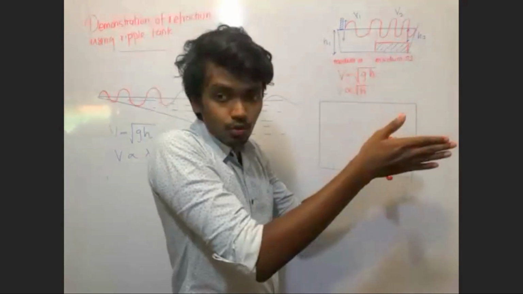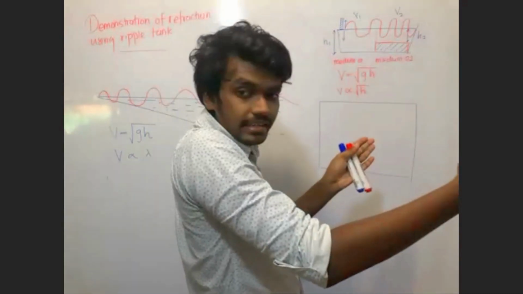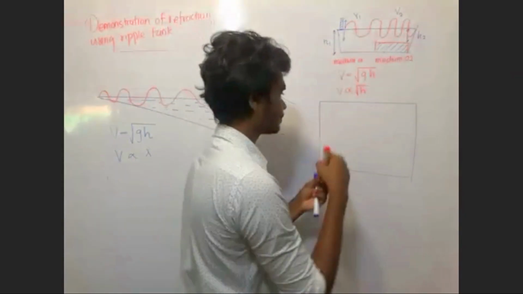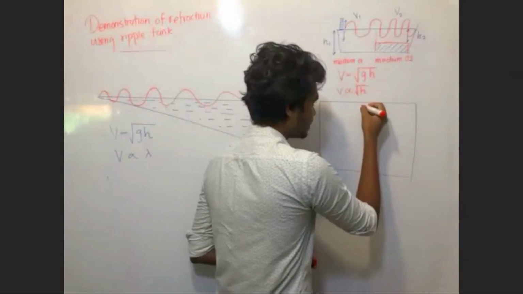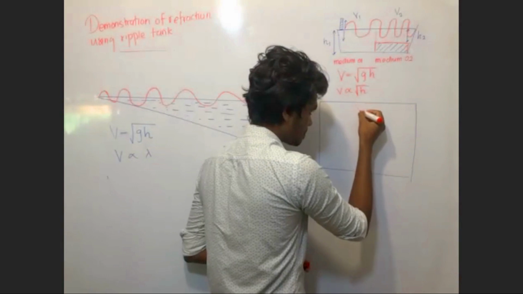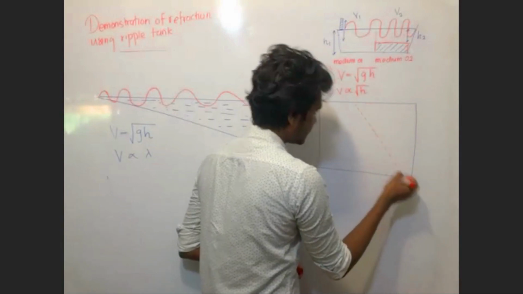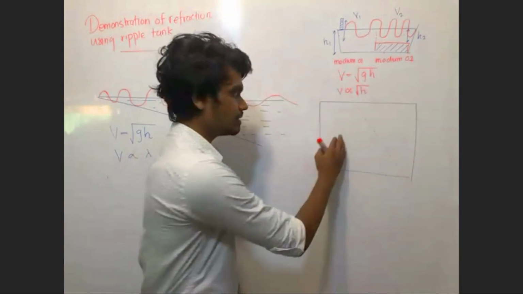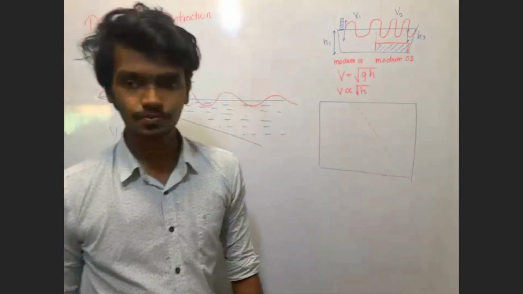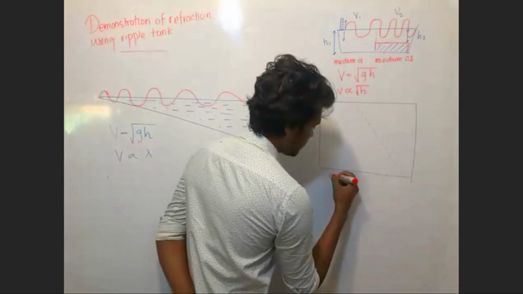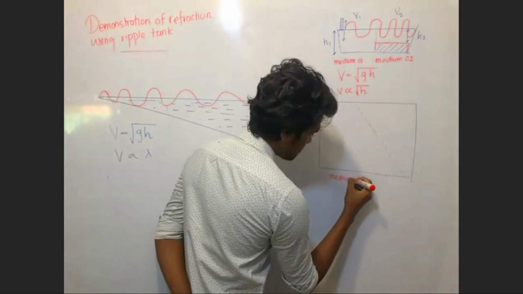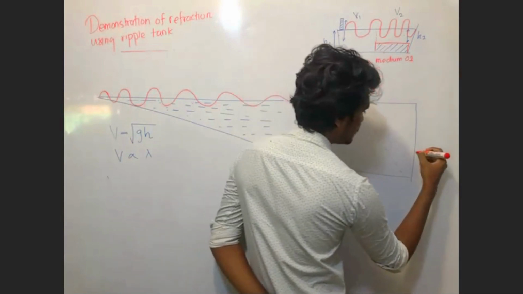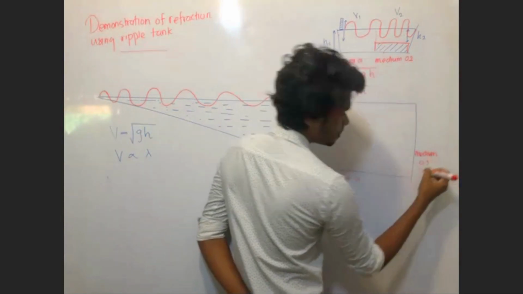The cube, we incline it and keep it inside. So in that case, this is the cube now. This is the cubic region, the region where the cube is. This is medium 1, this is medium 2.